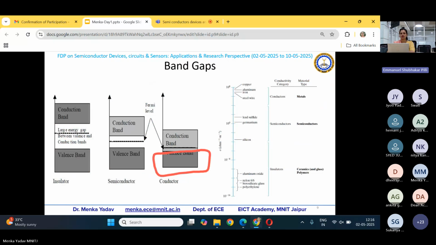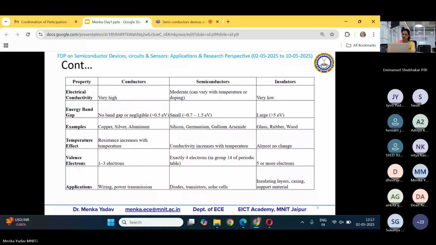In the conduction band, we have the free electrons. Electrons are free to move. Those are the conduction band. And then we have the Fermi level, which has the probability of finding electrons 50%. Electrons and holes are complementary to each other. So we can say finding the electrons 50% means finding the holes also 50%. That is our Fermi level.